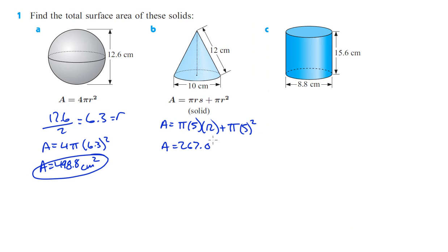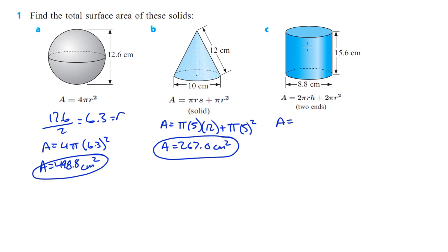And that's going to be centimeters squared as well, because we're talking about area. All right, and then the last one here that we're going to do is a cylinder. Okay, so that's going to be this one here with the two ends. So our area is going to be 2 times pi times radius times height plus 2 times pi times r squared, and that's the two circles.